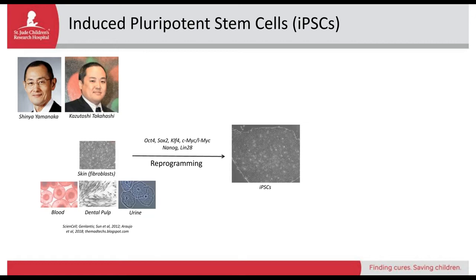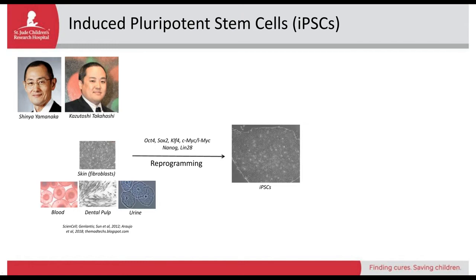For example, peripheral blood mononuclear cells from a blood sample, dental pulp cells from fallen teeth, or epithelial cells from a urine sample: all of these, when we express reprogramming factors, OCT4, SOX2, KLF4, c-MYC, NANOG, and Lin28, in these donor cells, a small fraction of them will undergo de-differentiation and reprogram into a pluripotent stem cell.